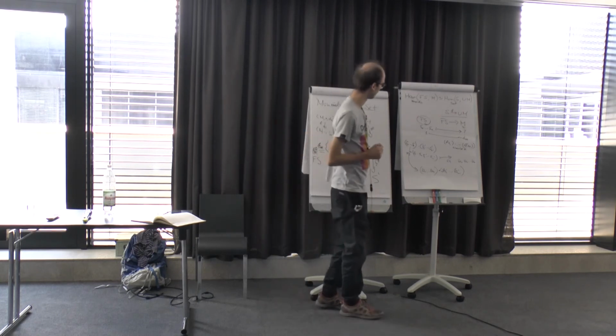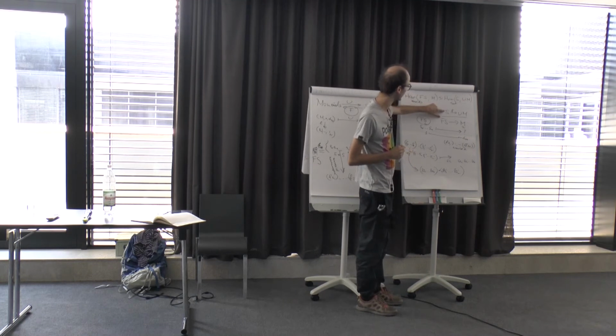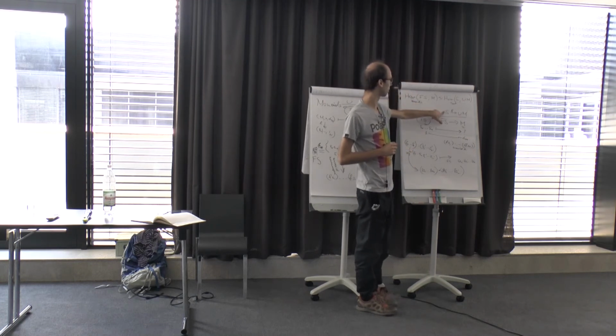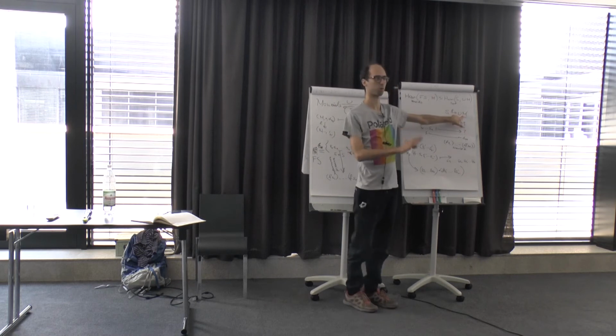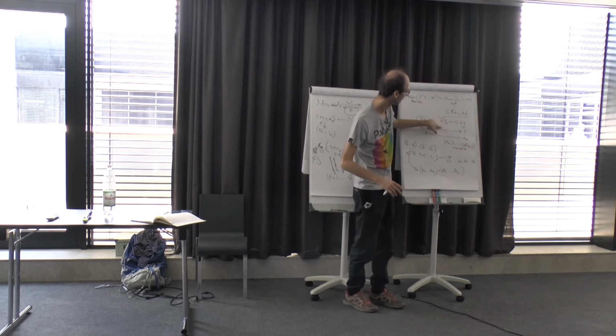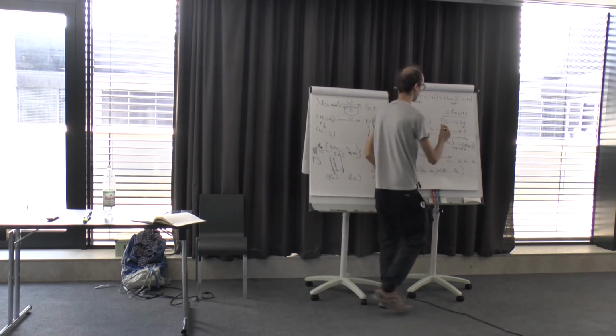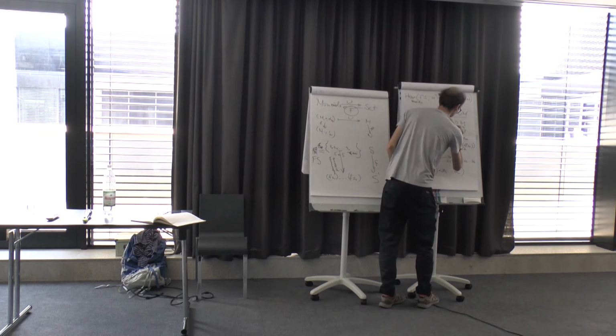So this way we defined, for every map from S to the underlying set of some monoid, a map from the free monoid to M, which is a monoid homomorphism.